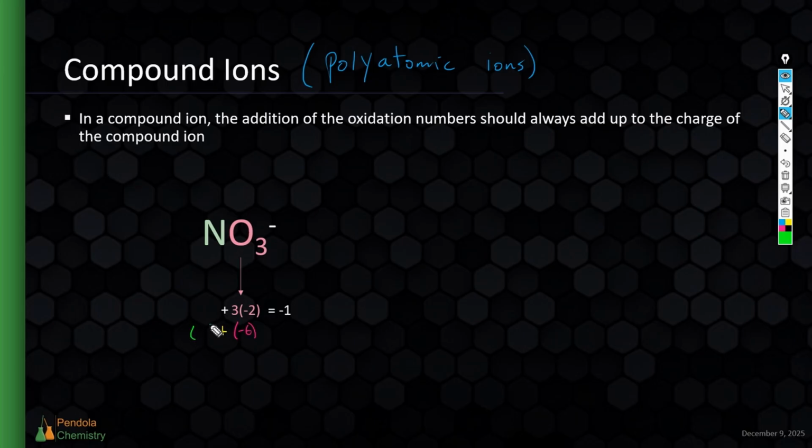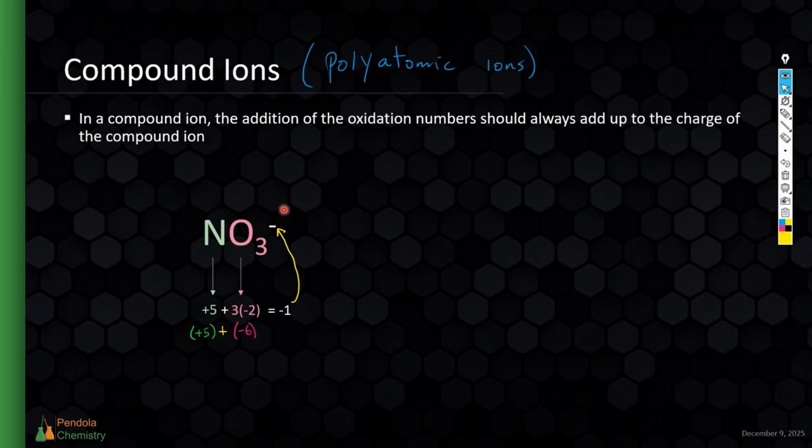Meaning that in order for that to make sense, the oxidation number of nitrogen needs to be +5. Why +5? Because 5 plus -6 is equal to -1, which is the overall charge for the polyatomic ion. So essentially, we're doing the same thing that we do with the compounds. They're just not adding up to 0.